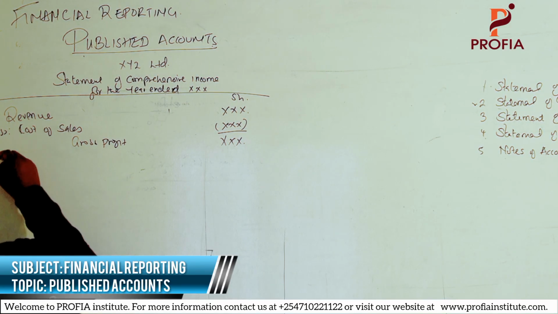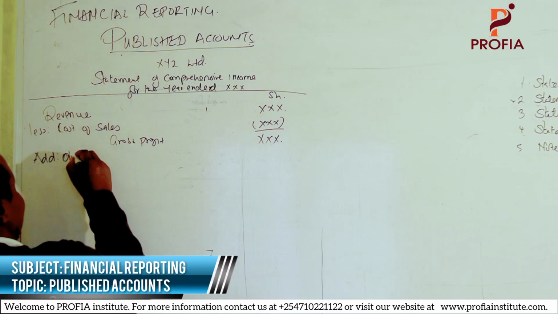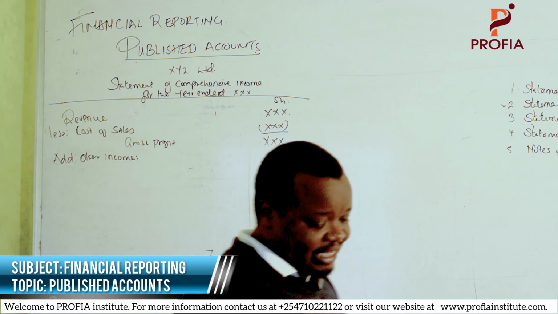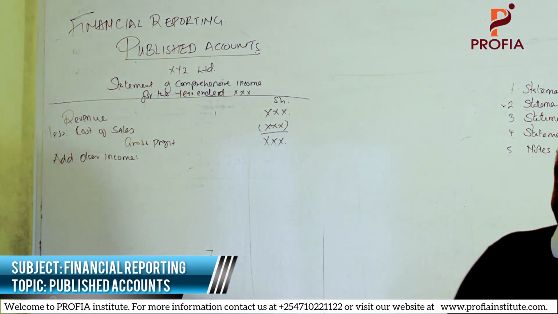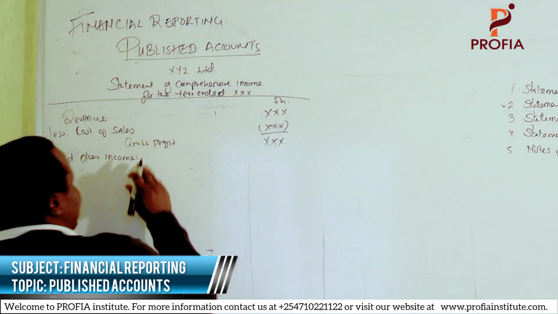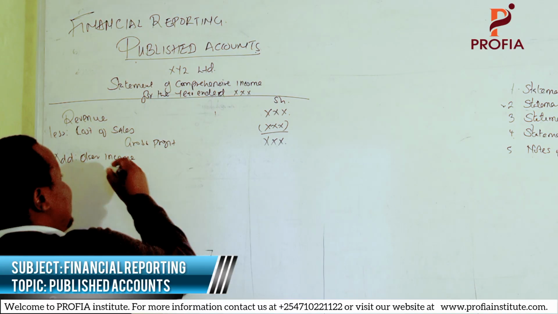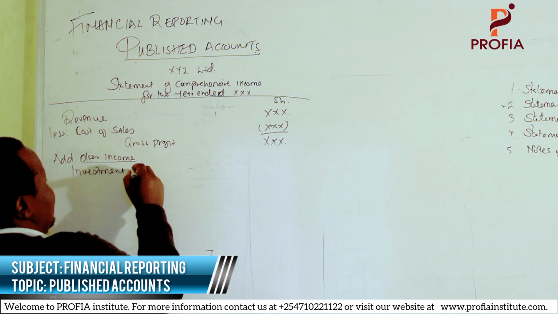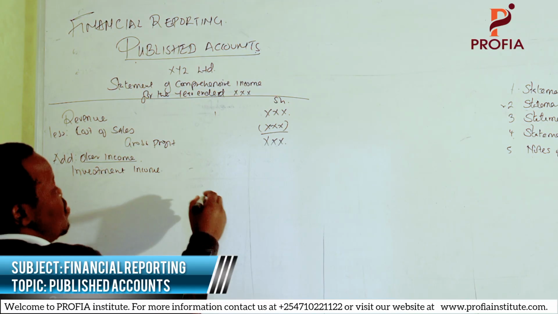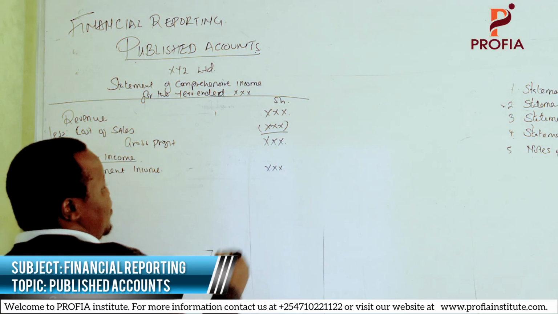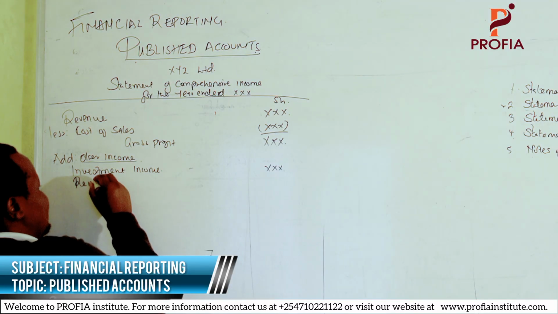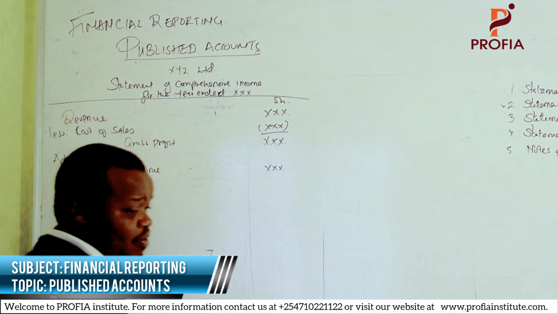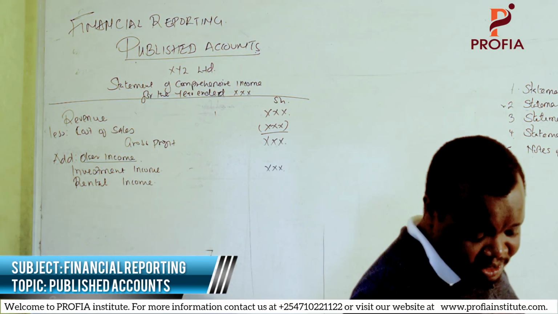Okay? Then we add other income. And I'm going to explain the difference between this other income and other comprehensive income when we'll be doing another topic called financial assets. But the first one we have is investment income. You can also have rental income, just for illustration purposes.